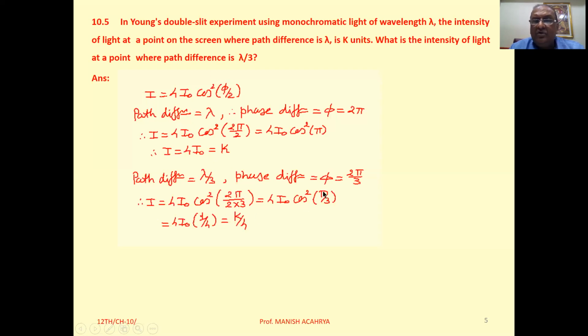So 4I0 cos square pi by 3. Cos square pi by 3, that is 1 by 4. So 4I0 into 1 by 4, but 4I0, that is k. So in terms of k, the intensity, that will be given by k by 4.